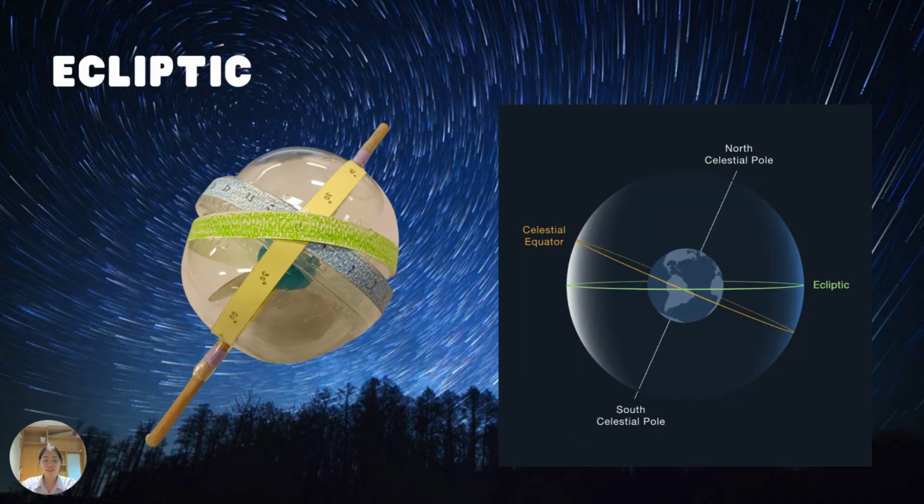Now that we understand the celestial equator and the ecliptic, we can explain how the Sun's position changes throughout the year. This leads to the equinoxes and solstices, which determine seasonal changes in daytime and nighttime.